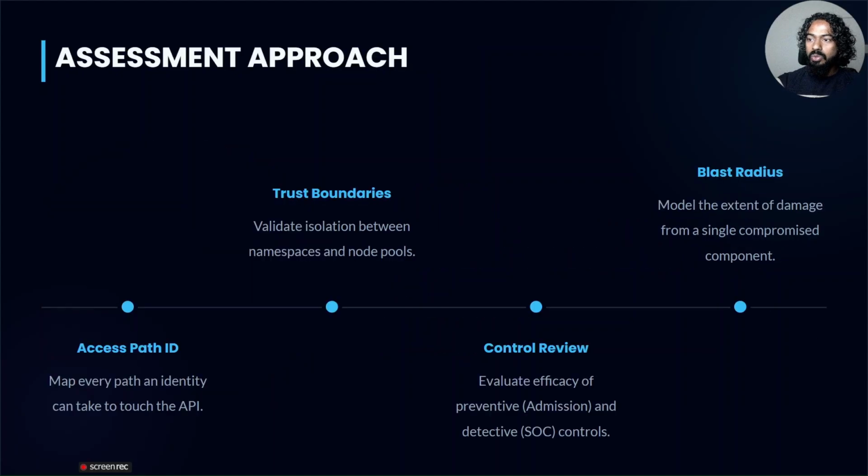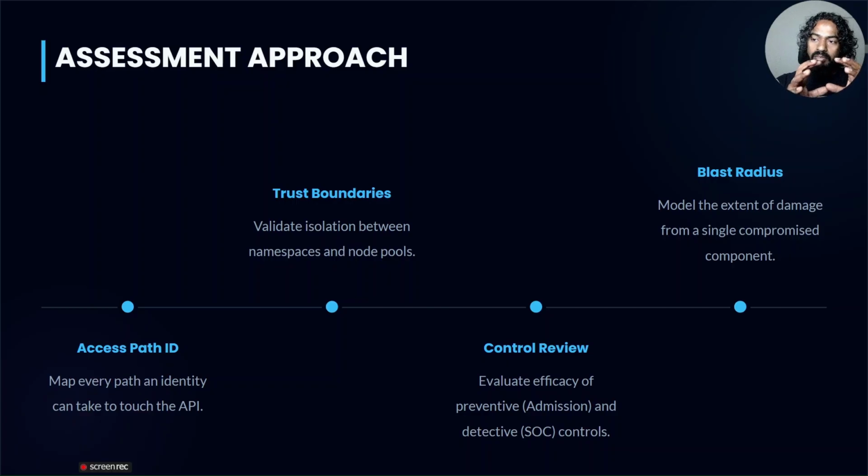Now, when it comes to the assessment approach, this is a mindset difference altogether. A solution architect usually asks, does this work? Because that's their duty, right? A security architect asks, how does this fail? That's the difference, right?